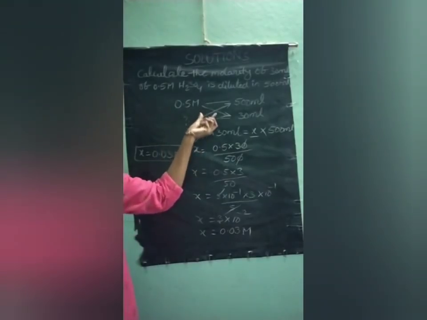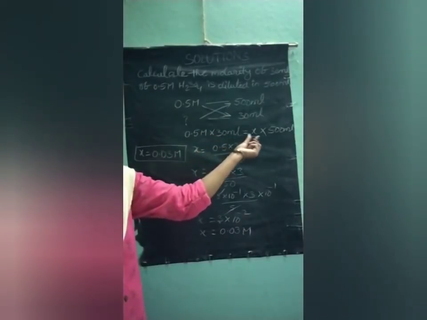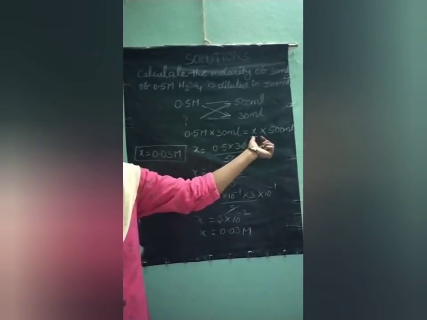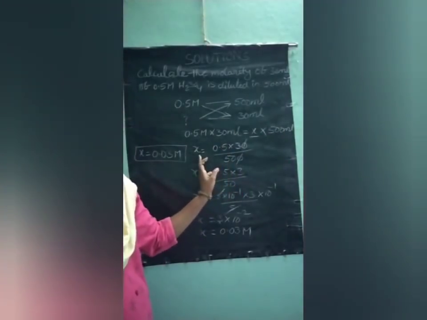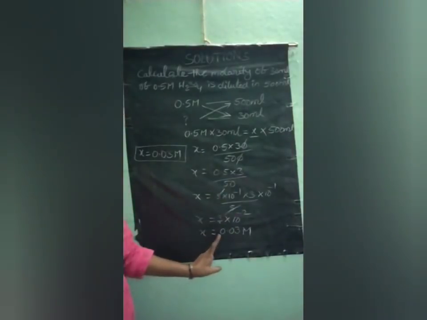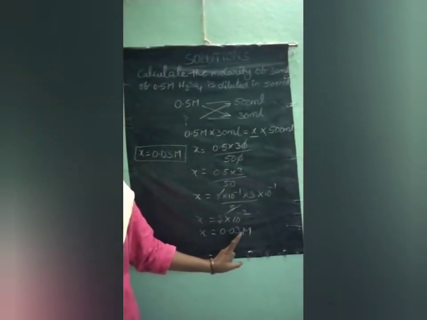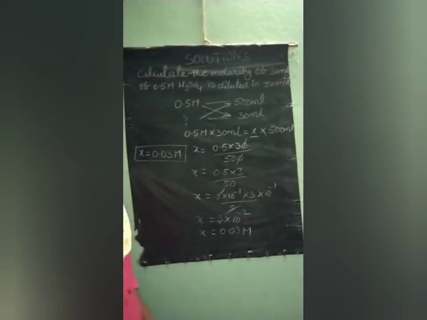By the crisscross method, 0.5 into 30 ml is equal to the unknown concentration into the volume 500. So X is equal to 0.5 into 30 by 500. Total we get 0.03 molar. This is the concentration of the sulfuric acid present in the 30 ml of the solution. This is the problem given to you.